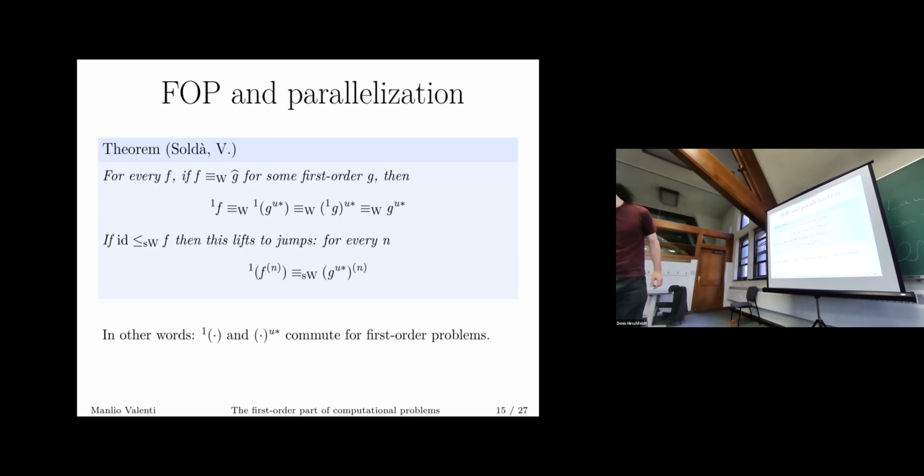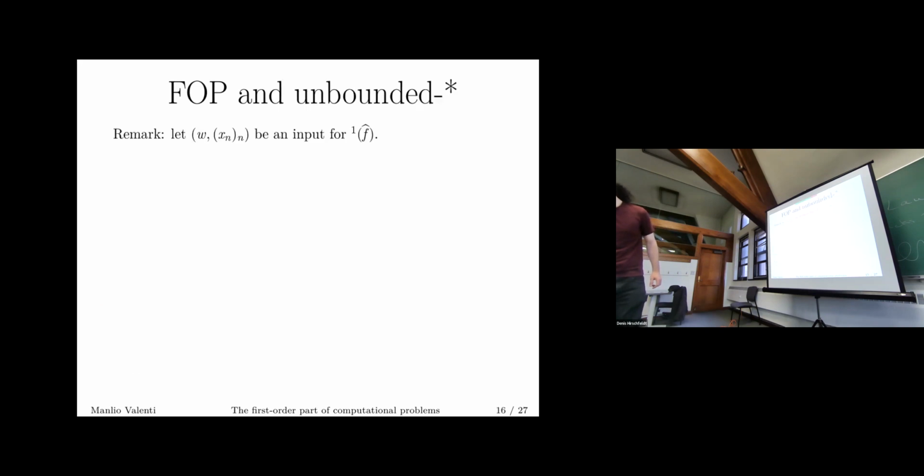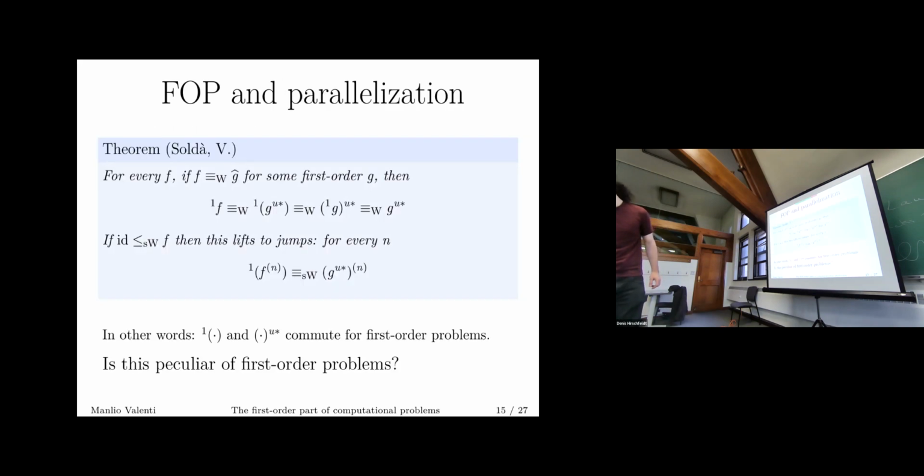It's in fact something that I may have mentioned if I had enough time, but the question is, essentially this result is saying that the first order part and the U star actually commute, right? I touched it, but nobody saw it, so it's okay. I'm being Italian, okay.